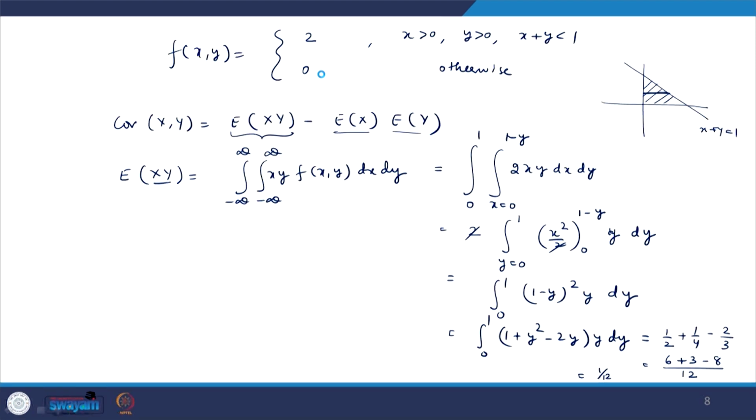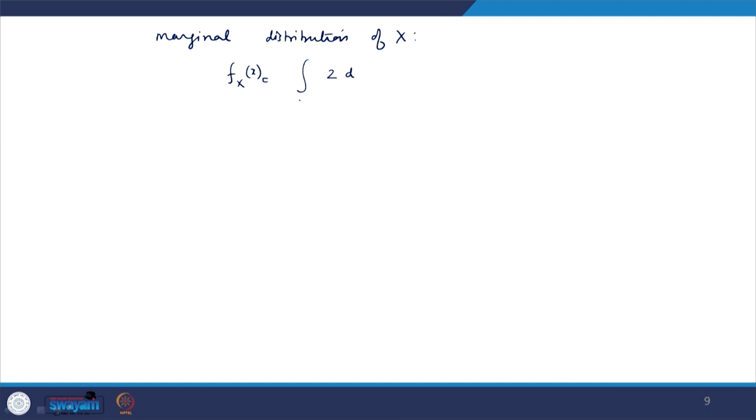See, in this example y is varying from 0 to 1 minus x. So, that means it is the integral of dy from 0 to 1 minus x, okay. So, this is equal to 2(1 minus x).